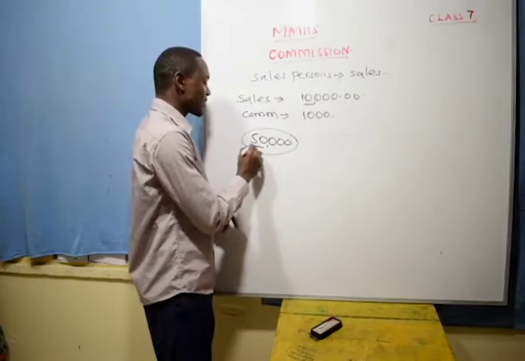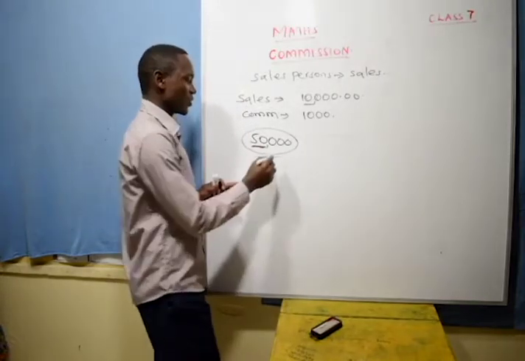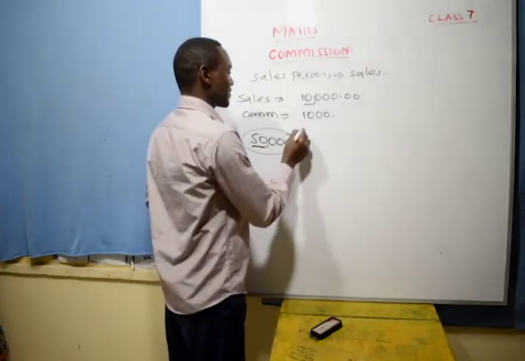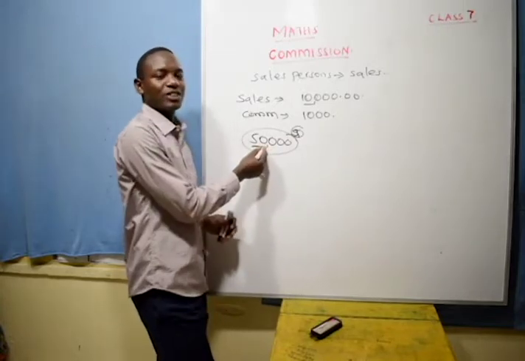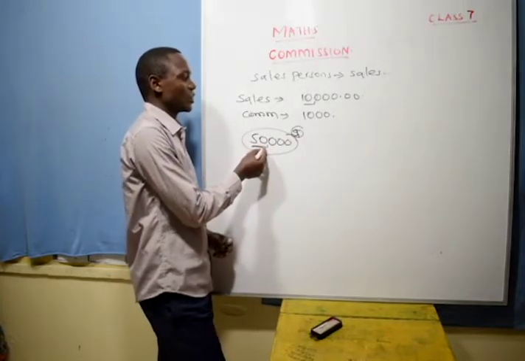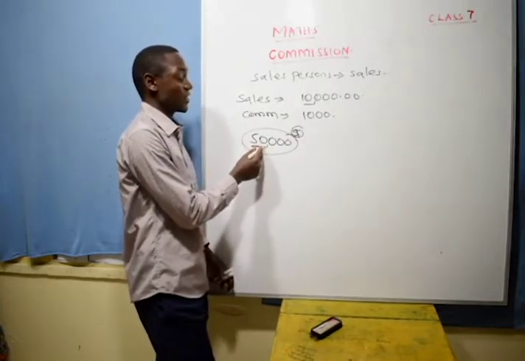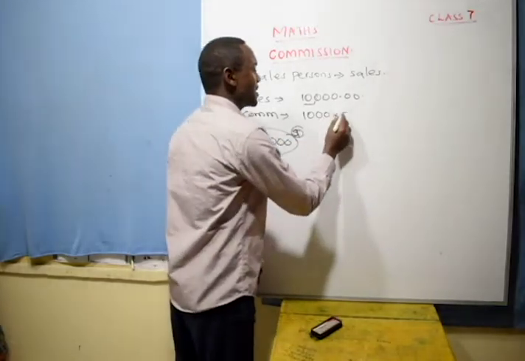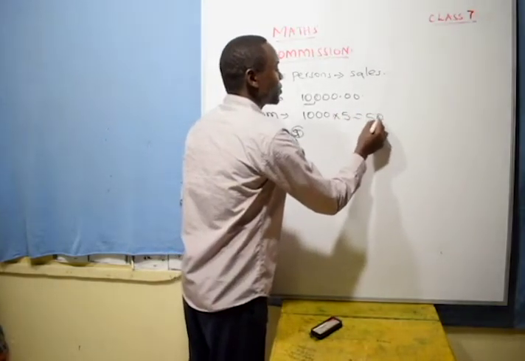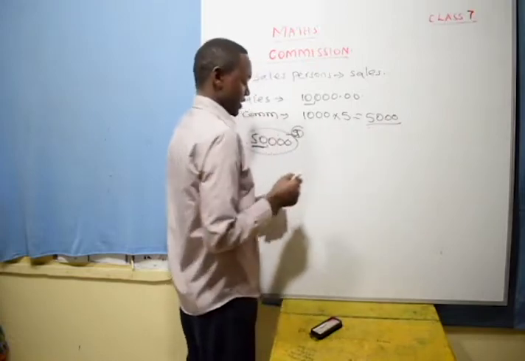So how many 10,000s are there in 50,000? You realize that they are 5. So I multiply by 5, and you will receive a commission of 5,000 shillings.